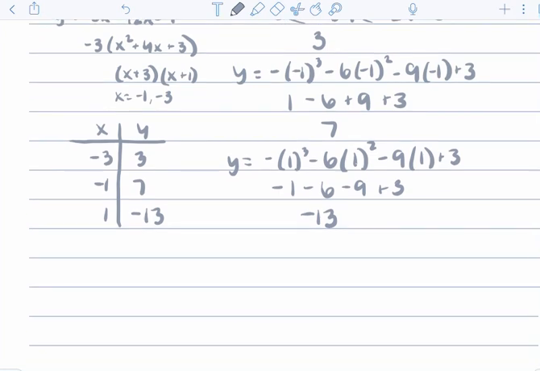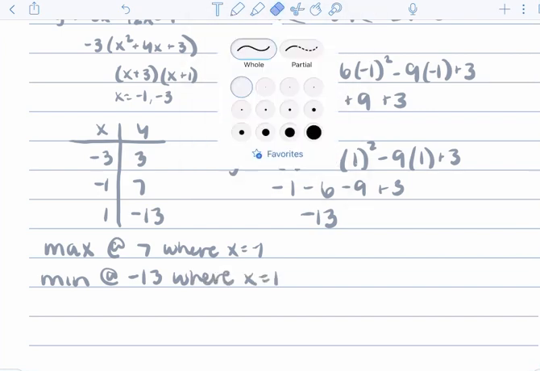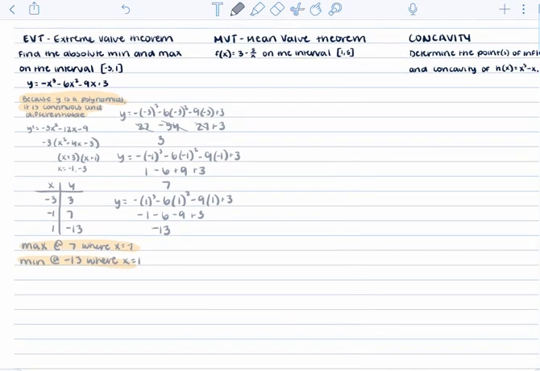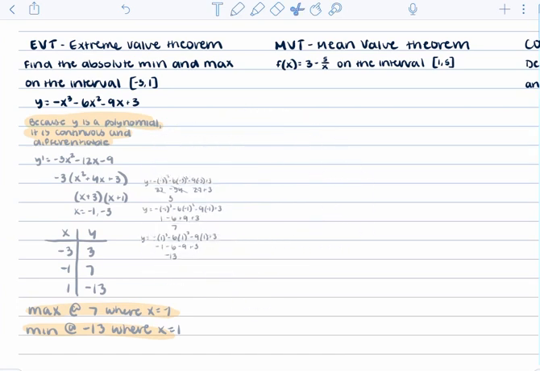So we can write it as max of 7, where x equals -1, and min of negative 13, where x equals 1. So these are our two answers.